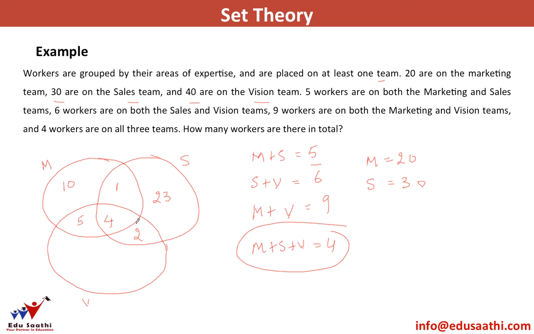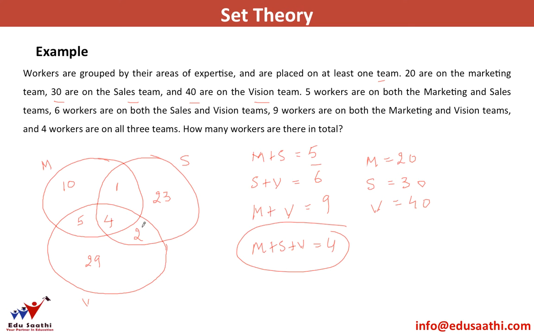So there are 23 people working only in the sales team, and 40 are on the vision team. So vision is here. I'll just write vision is equal to 40. I already have 5 plus 4, 9, and 2, 11 here. So the number of people working only on the vision team is 29.